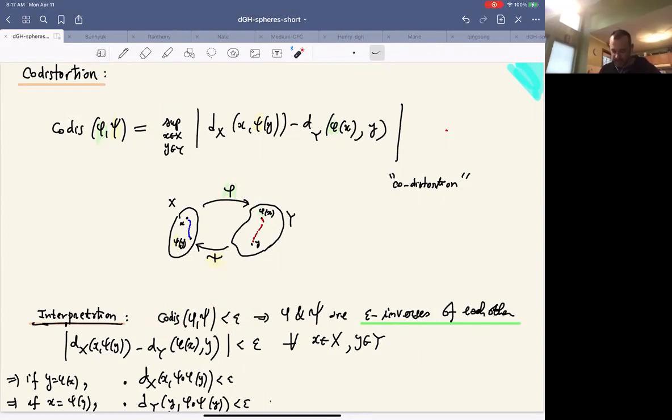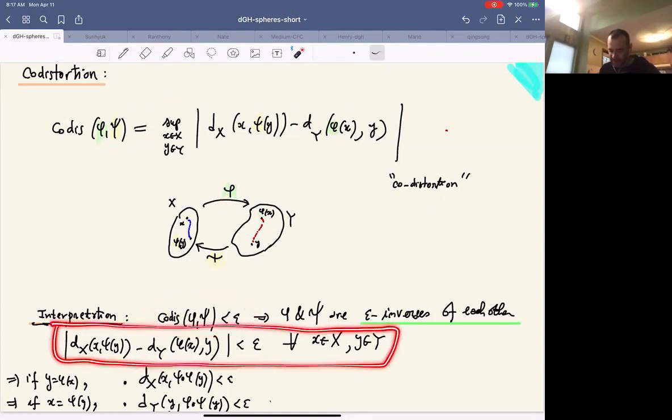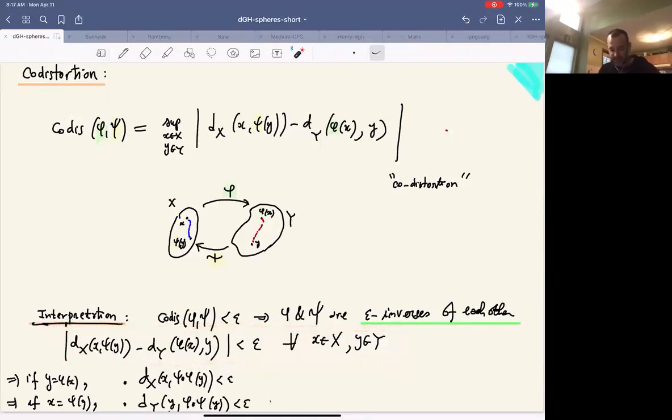Let me explain what I mean by that. If co-distortion is bounded by epsilon, then this inequality is true for every x in X and y in Y. In particular, if I pick y to be phi of x, then this term will drop out.